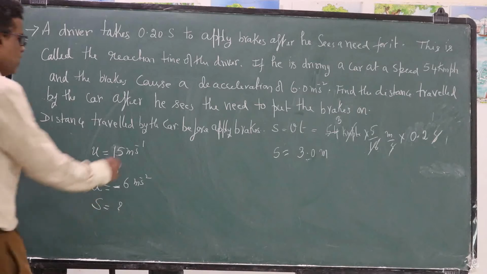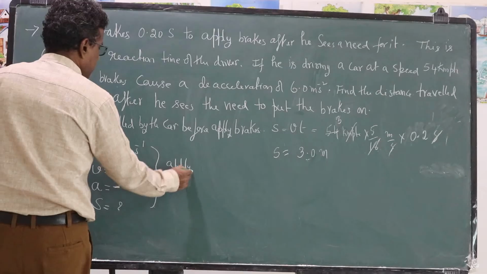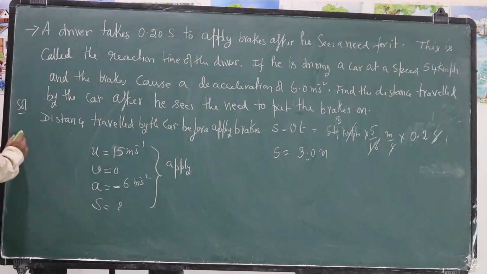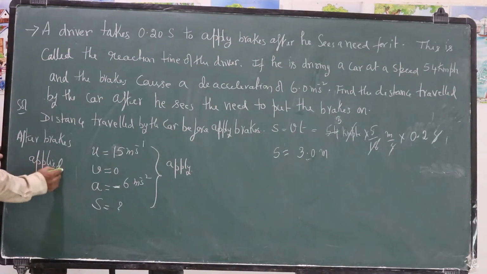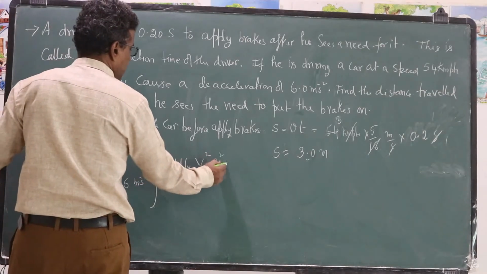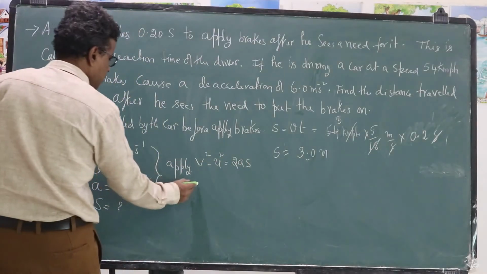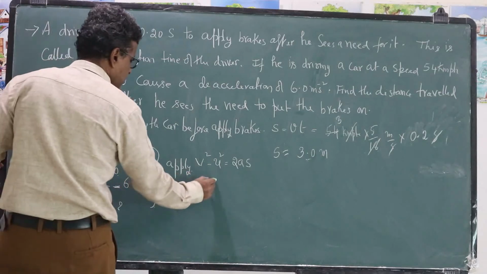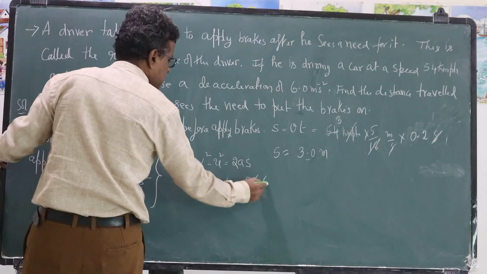Which formula are we going to apply? After the brakes are applied, the car finally comes to rest, so apply v square minus u square is equal to 2as. What is v? 0. u square is 15 square, 225, 2a, a is 6.